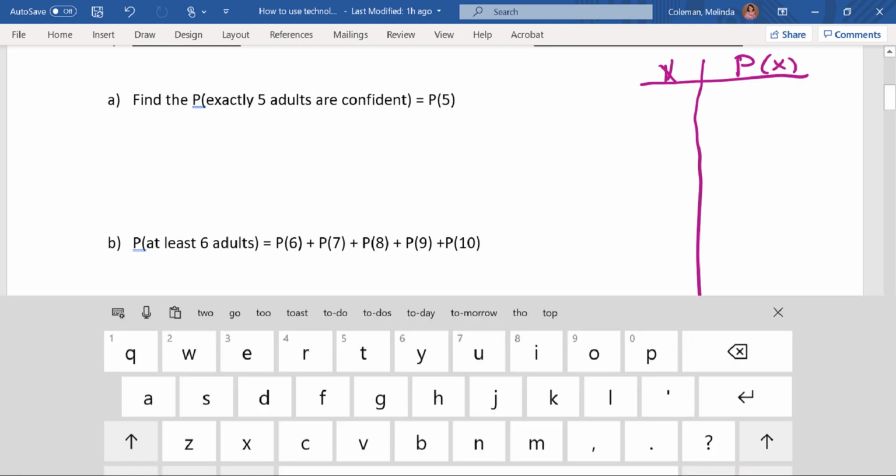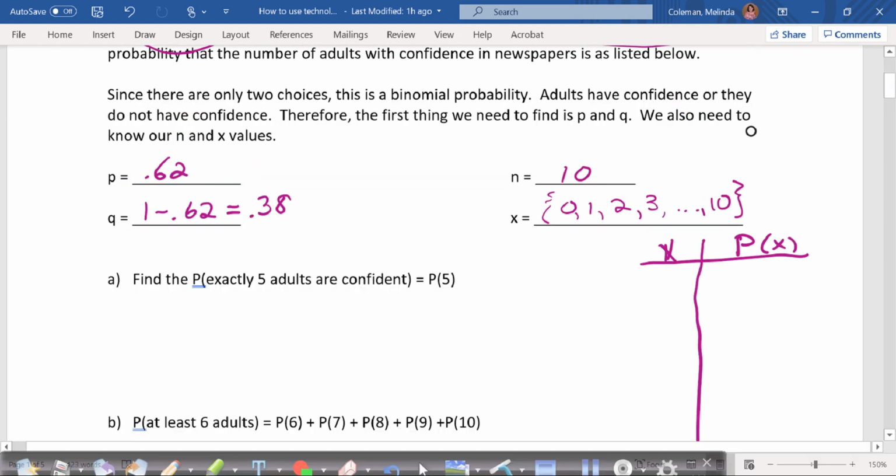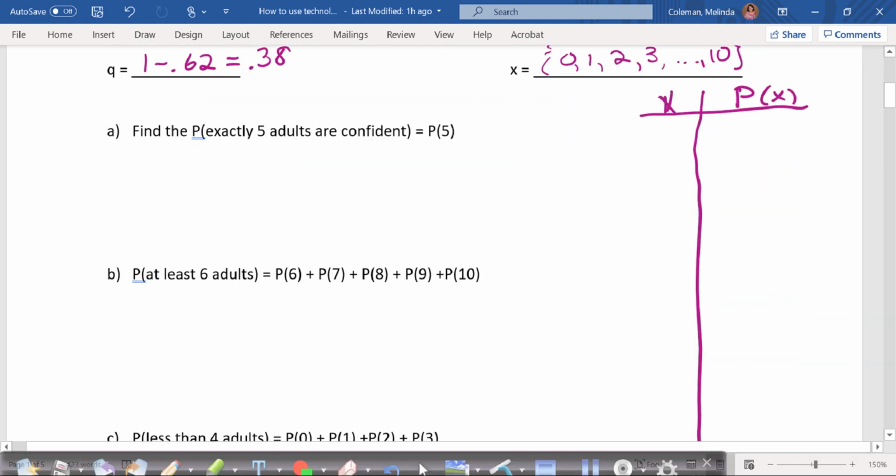My X values, again, are going to be 0 through 10. So 0, 1, 2, 3, 4, 5, 6, 7, 8, 9, 10. The P of X value is going to be what I find on the calculator.